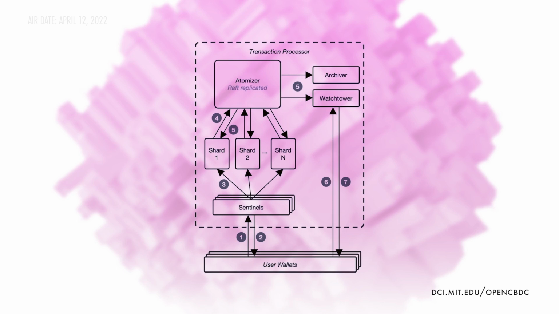So let's say you had a transaction that spent two different outputs, one that happens to be on shard 1 and one that happens to be on shard 2. So the sentinels will take that transaction and break it up and send one copy to shard 1 and another copy to shard 2.